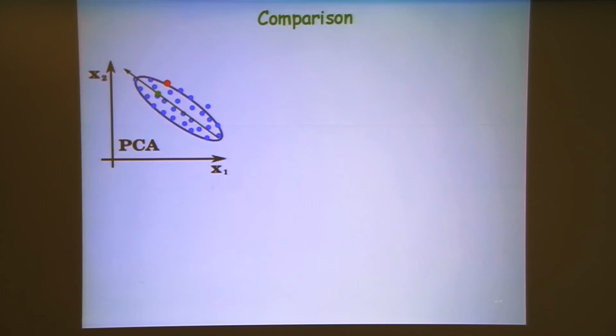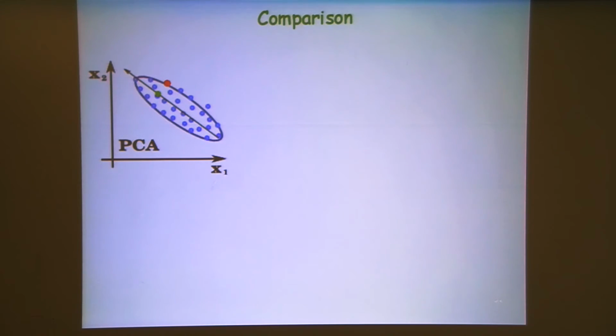Let me give the big picture now. If you have a bunch of data points, say these blue dots, principal component analysis will basically compute one mean and one covariance for all data points. And now if you give me a new data point, which is the red dot, it's going to try to reconstruct it as a point in the principal components.